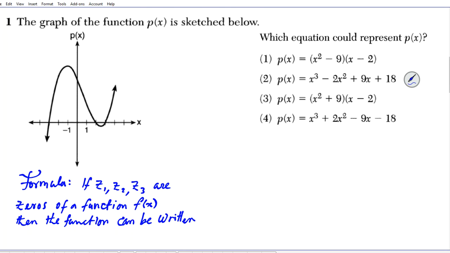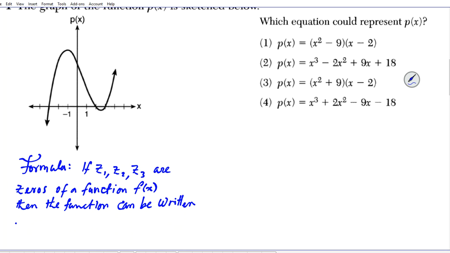In the factored form, the function can be written as f of x equals x minus the first 0, z1, times x minus the second 0, z2, times x minus the third 0, z3. Okay? So this is the formula that we're going to be using to guide our problem solving process.